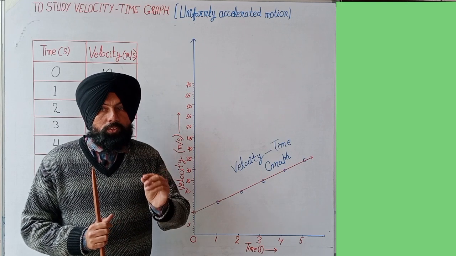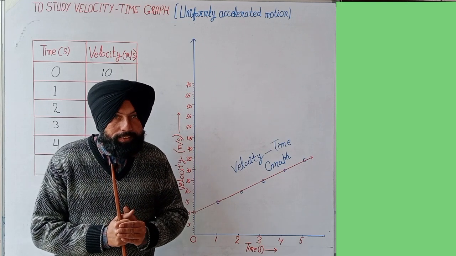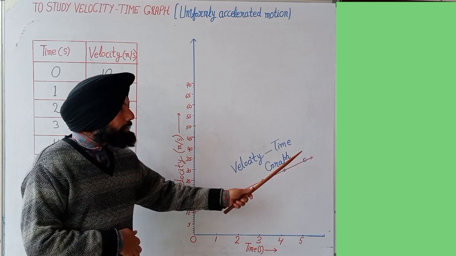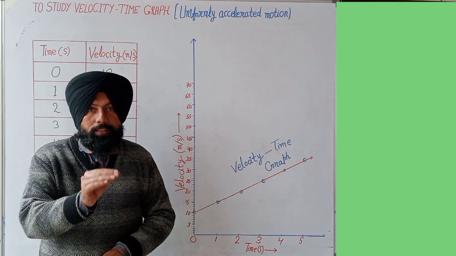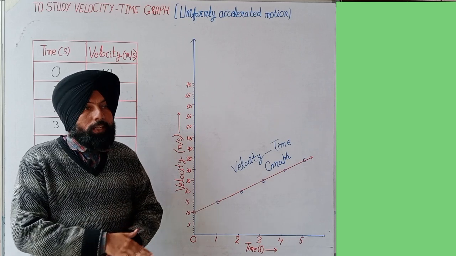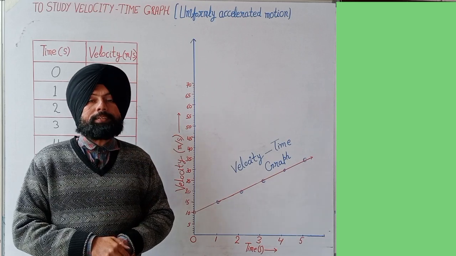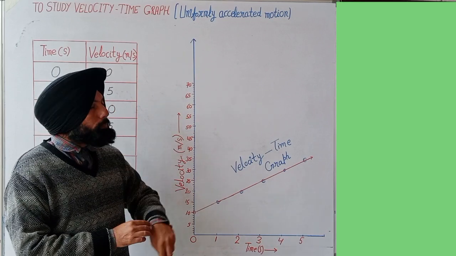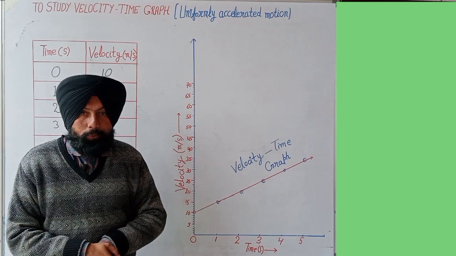So here two cases we are discussing. If the graph is upward, acceleration is positive; if downward, the acceleration is negative, for uniformly accelerated motion.